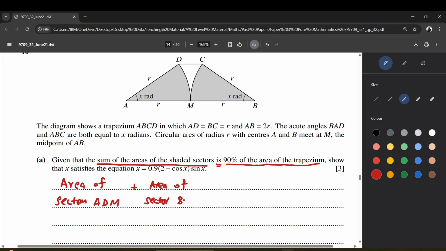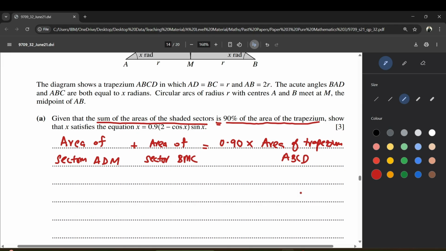Or BMC. So the sum of the shaded sectors is equal to 90%, right? So 90% is actually 0.9 multiplied by the area of trapezium ABCD.